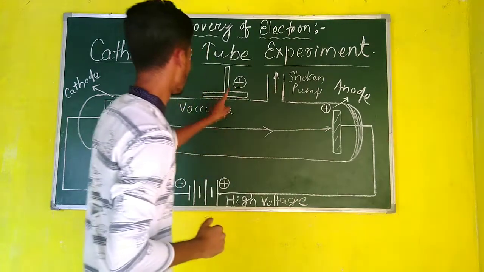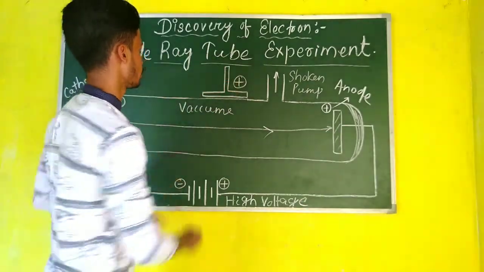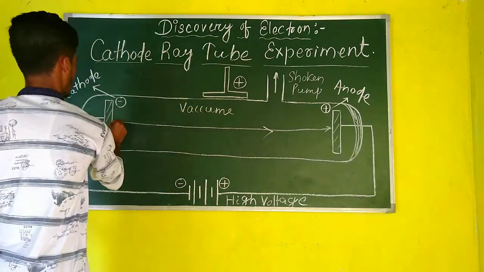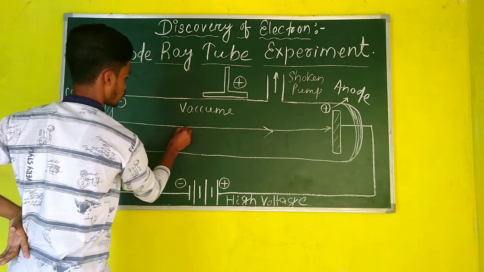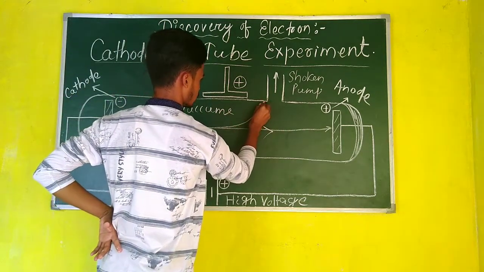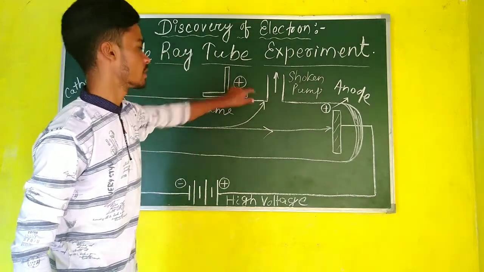And students, when J.J. Thomson placed a positive external electric field in this place, then that electron beam changed direction and travelled towards the positive external electric field.